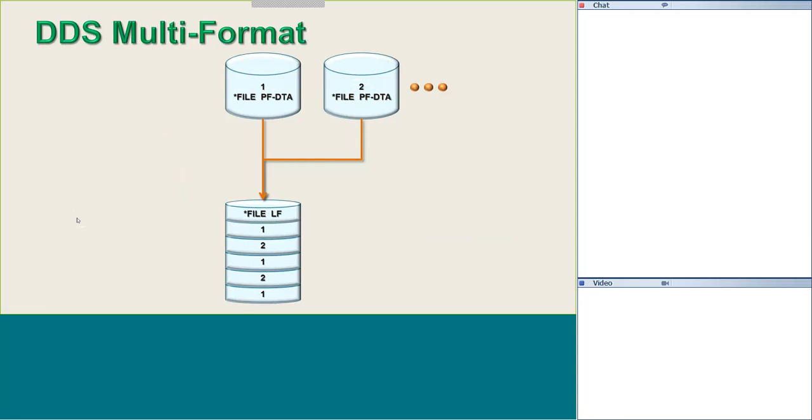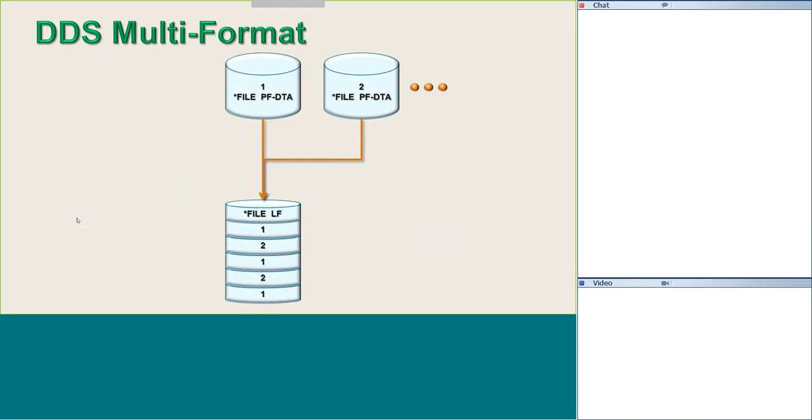Multi-format logicals. Now, at first I thought these weren't terribly common across the database, but subsequently I've realized that actually they're used quite a lot. Again, some of them are used in strange ways, but what these are is a merge.